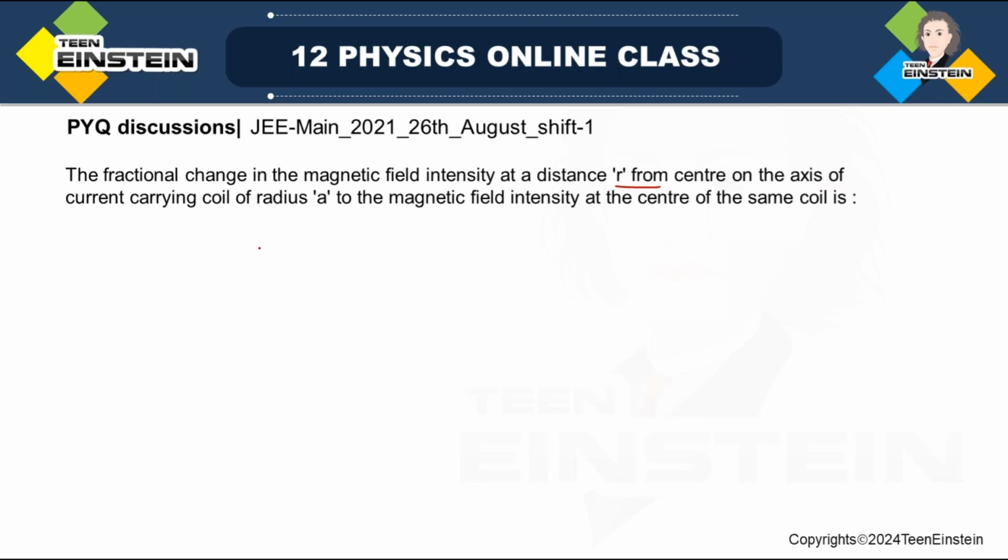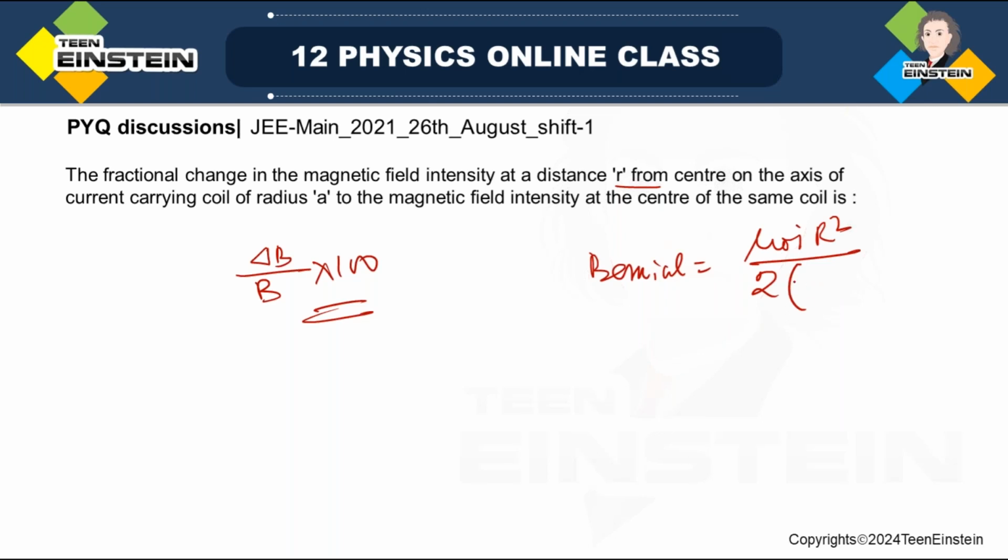Fractional change means delta B by B into 100. You should write the expression for the axial field: B axial is mu naught I r square divided by 2 into x square plus y square whole to the power 3 by 2.